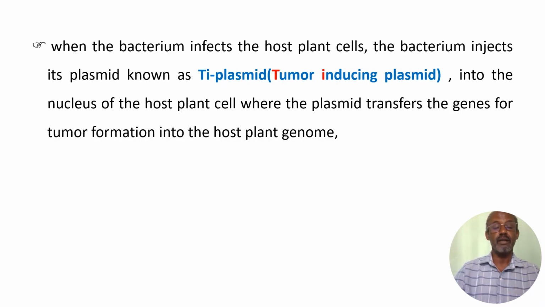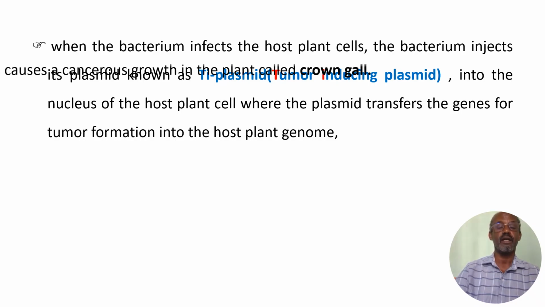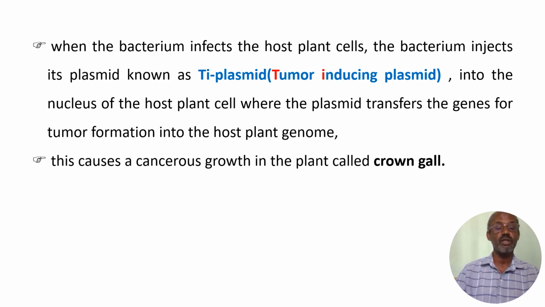Therefore, the Ti plasmid goes into the nucleus of the host plant, where it transfers the genes for tumor formation into the host plant DNA, so that there it is expressed and causes what is known as crown gall disease, a cancer-like development.